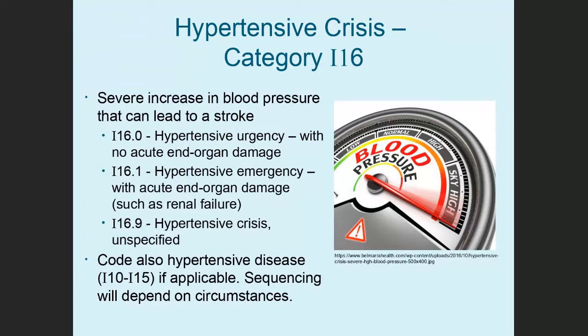So they're both really serious, but this is really, really serious. And then you have I-16.9, hypertensive crisis unspecified. Code also the hypertensive disease I-10, I-15 if applicable. It's a code also, so that means that the sequencing will depend.